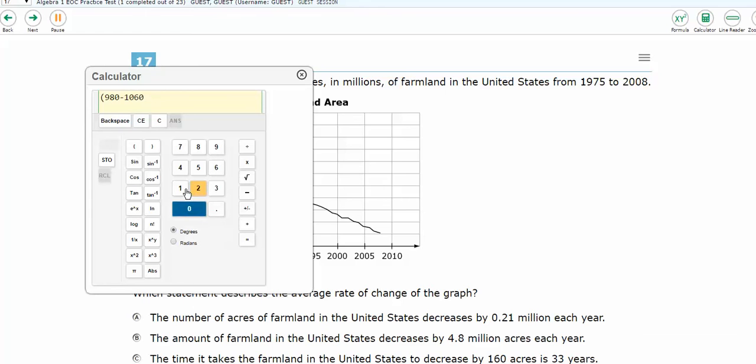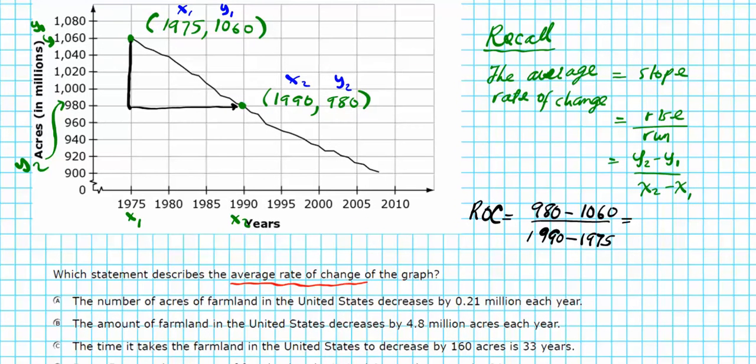Group that in parentheses together, divided by, so this is your rise. Your run is x2, 1990, minus x1, 1975. And then you get negative 5.3 repeating. So our answer is negative 5.3 repeating.